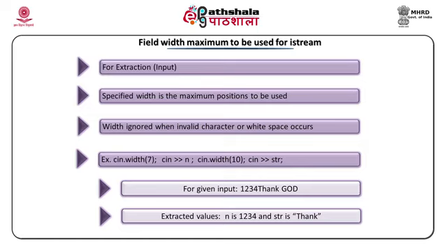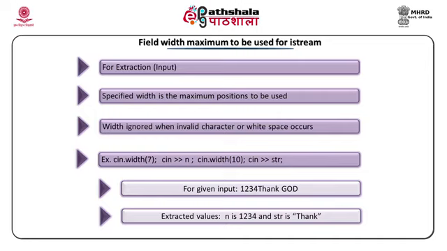For example, we have given the input 1234thank God. In that case, for n I have specified width 7, that means it should scan 7 characters. But after 1234, it gets the invalid character t for the numeric, and therefore even though I have specified width 7, it stops at t and the value extracted will be 1234 in n.